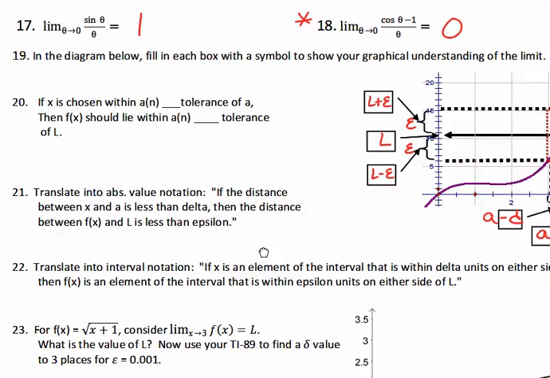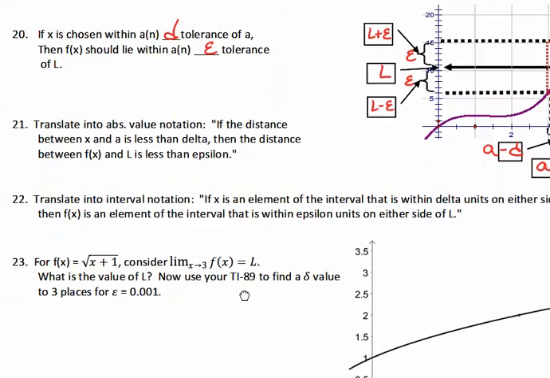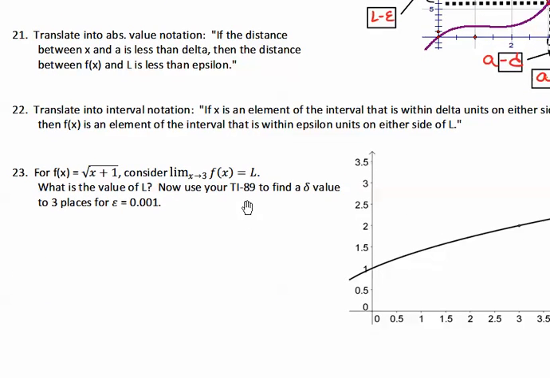So we can write that information: if x is chosen within a delta tolerance horizontally, then f of x should lie within an epsilon tolerance of the limit vertically. And we can write that two different ways. First, using distance. Remember that the distance between a and b is the absolute value of a minus b, or b minus a.